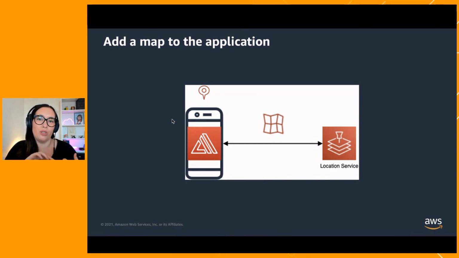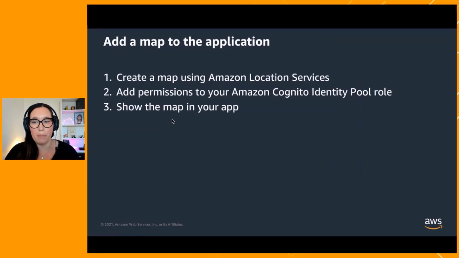It allows you to route, find how to get from point A to point B. It allows you to do geofencing, that's one of the features that we are going to work a lot with. And it comes with a lot of integrations to different backend services from AWS. And you will see that integration when we get to the notifications and event tracking. But for now, let's start by adding a map to our application.